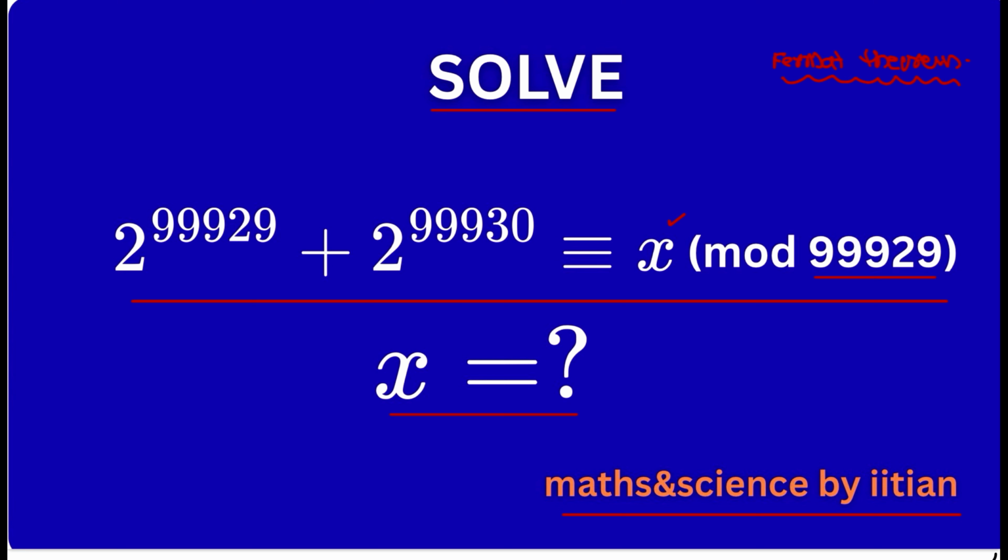In other words, 2 to the power of 99929 plus 2 to the power of 99930 equivalent to x mod 99929. To solve this, the first step is to find out whether 99929 is a prime or not. Let's delve into the problem.